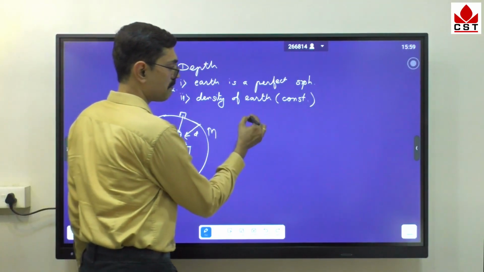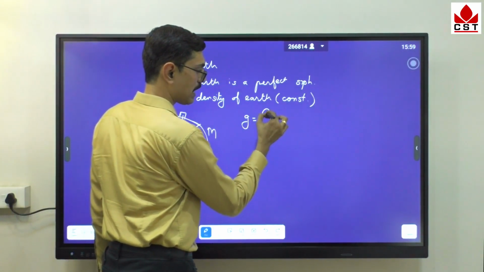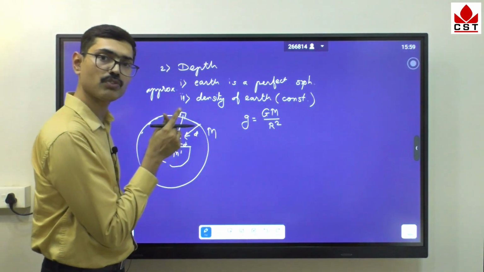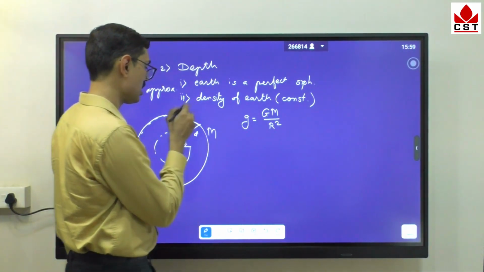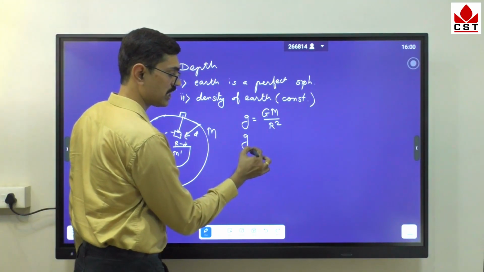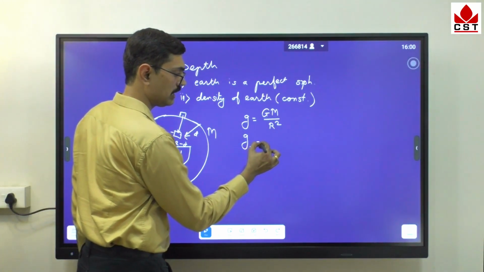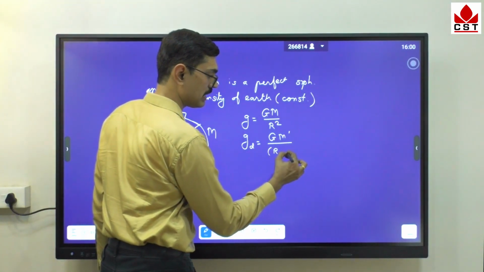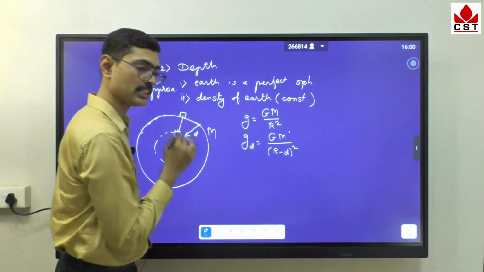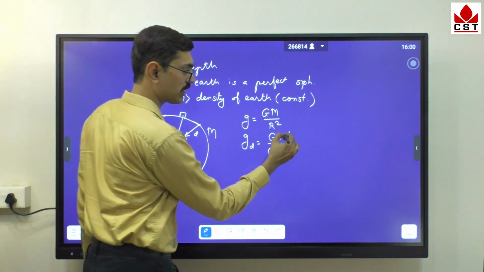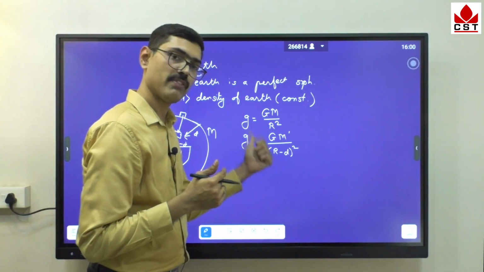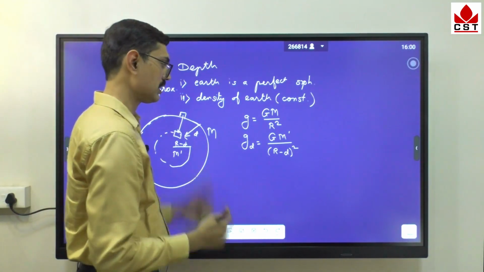What is the main formula for g? It is capital G M upon R square, and this formula is only for the surface. At the depth, this formula changes as gd is equal to G M dash upon (R minus d) bracket square. So this formula changes. And what about capital G? We can take the ratio again, similar to what we did in the height part.